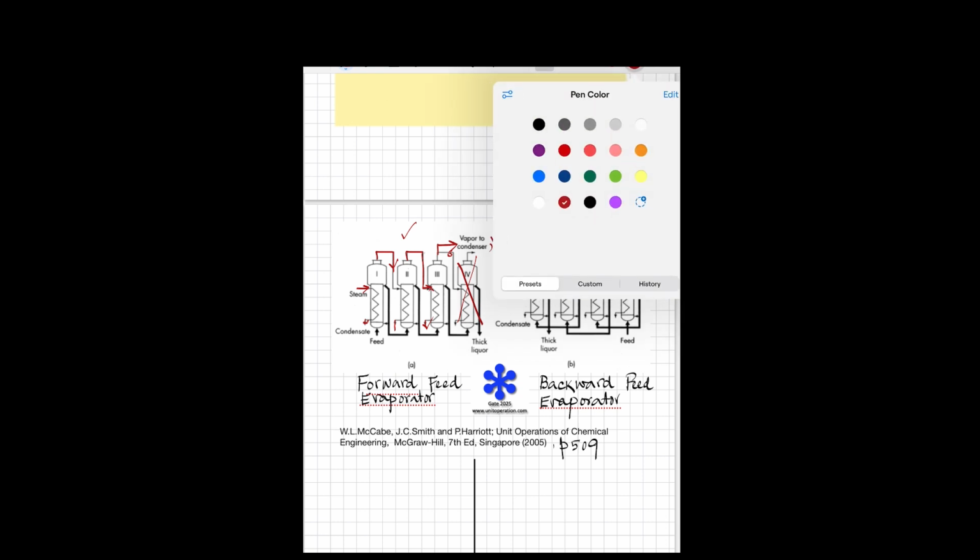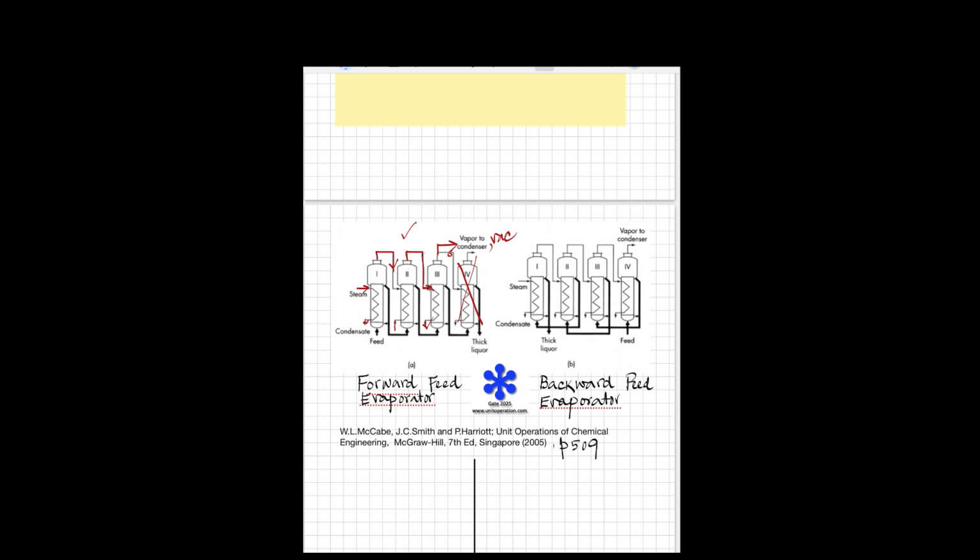Next, let's look into the backward feed evaporator. Here, as you can see for the forward feed evaporator, steam flows in this direction from first to second to third, and the liquid also flows along the same direction.